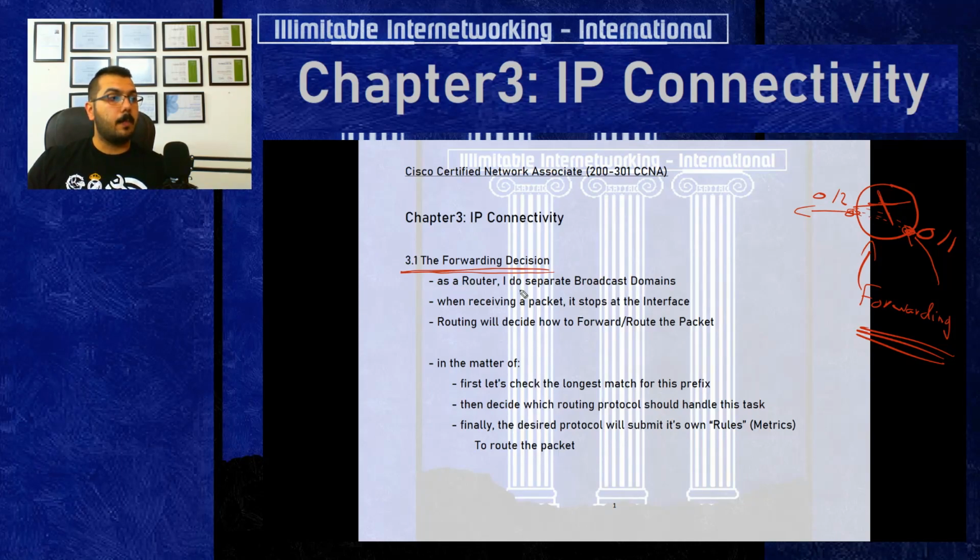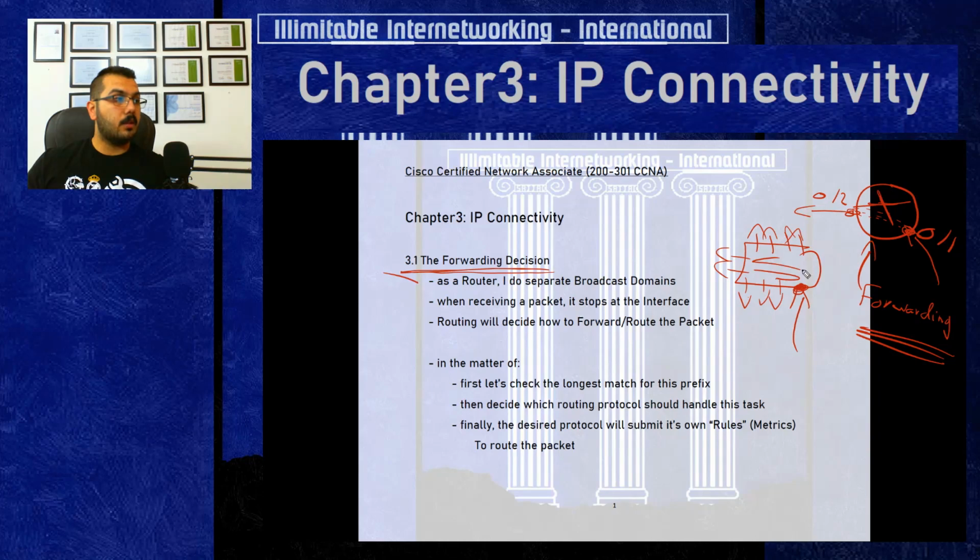Okay. So as a router, I do separate broadcast domains. When receiving a packet, it stops at the interface. You remember switches. When switches receive a broadcast message on an interface, what will happen? You should have known by now that it will forward this message directly to all the other interfaces except the interface that it received the broadcast message from.